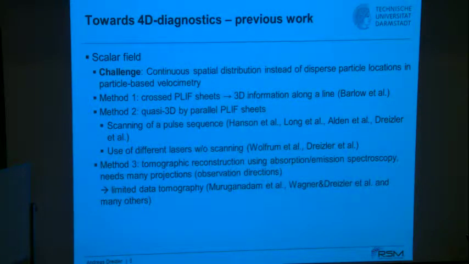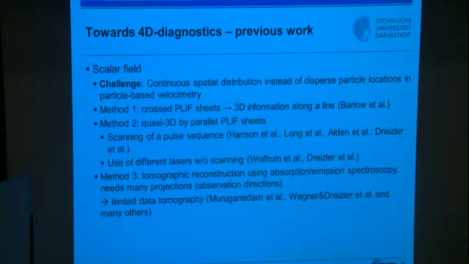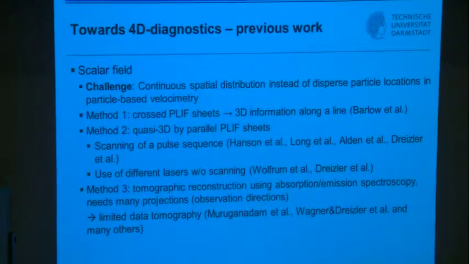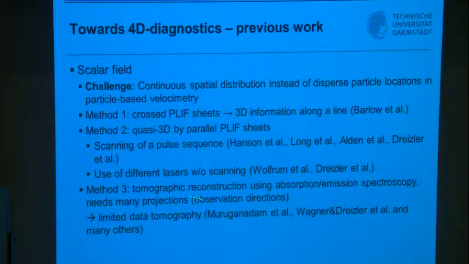Okay, the third method that came up only recently is to perform a volumetric illumination of your area, to excite molecules like OH or possibly CH, and then with multiple projections do tomographic reconstruction.